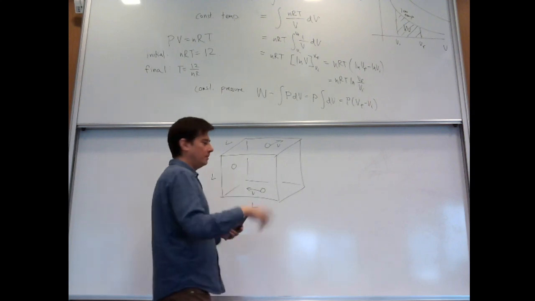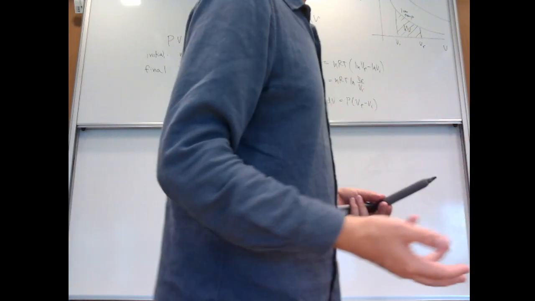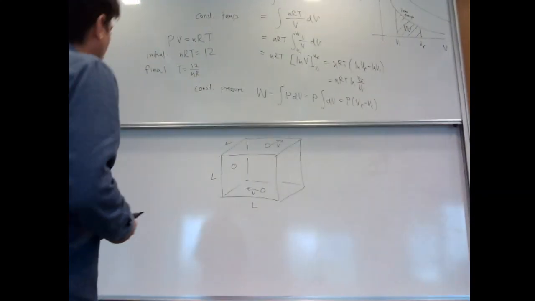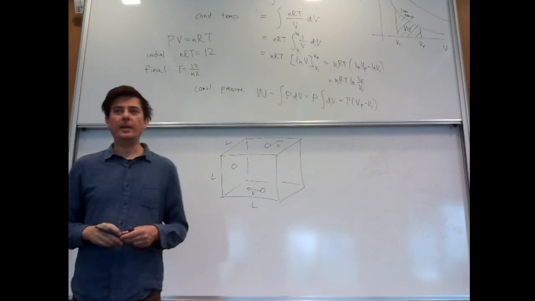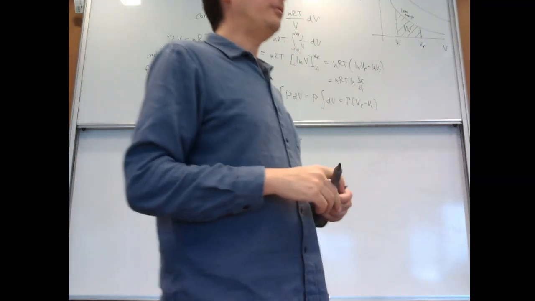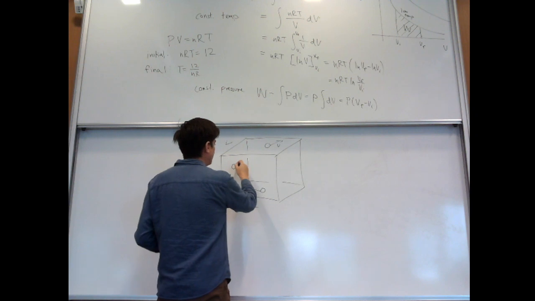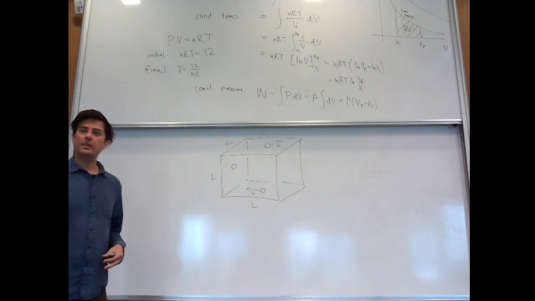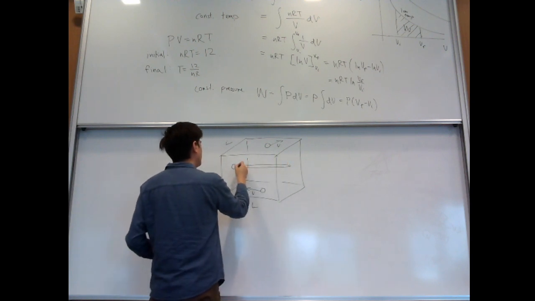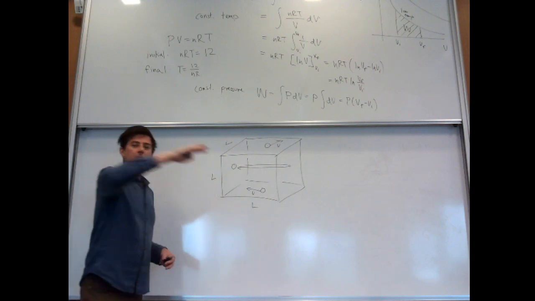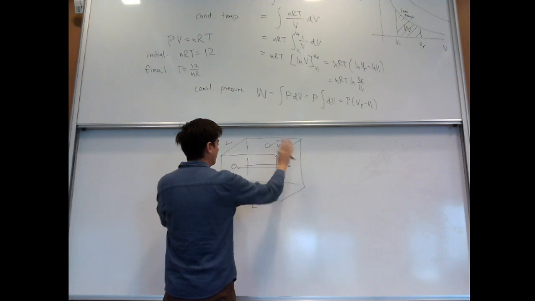That's the approach we're going to take. These atoms are flying around, hitting the walls, and that's the origin of the pressure we're talking about. To start off with, I'm going to make a simplifying assumption. It's not very realistic, but let's just look at this atom here, which just bounces between the two walls on the right and on the left.